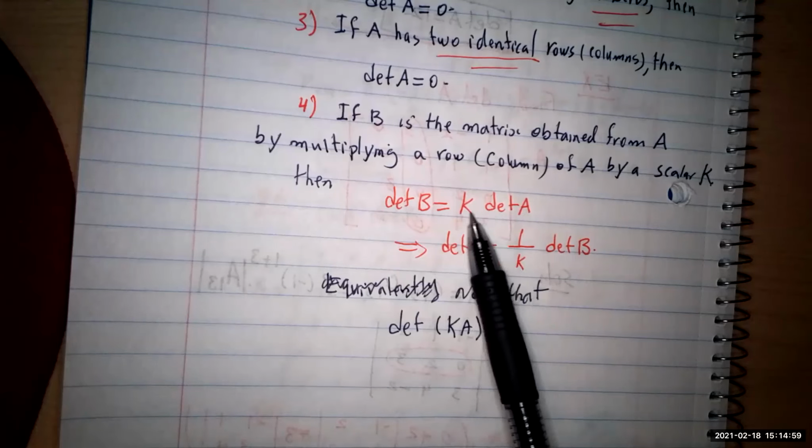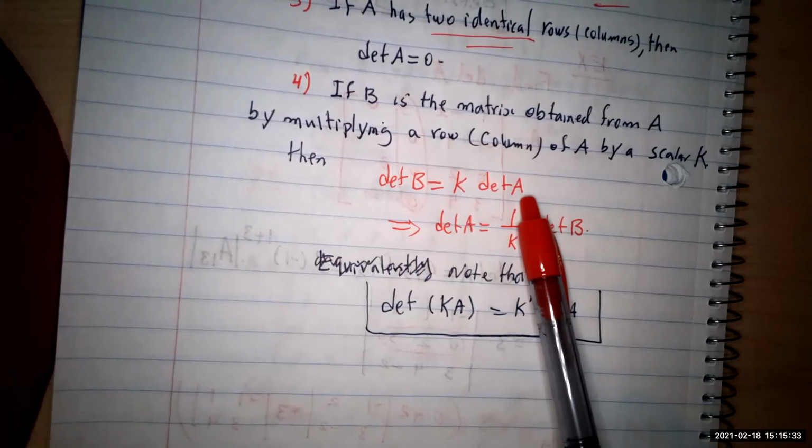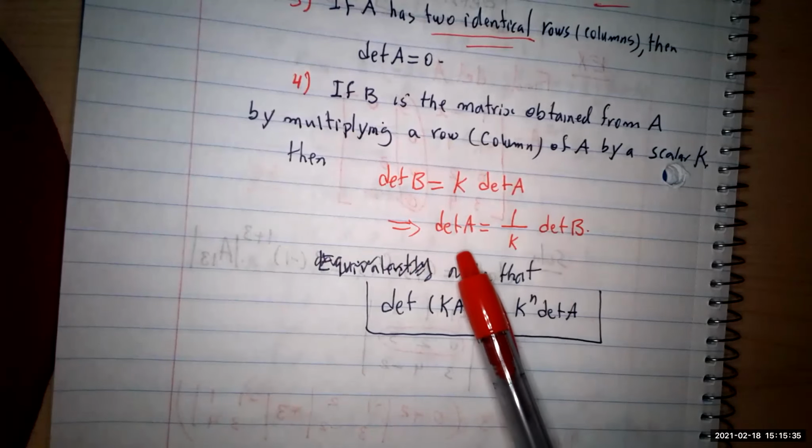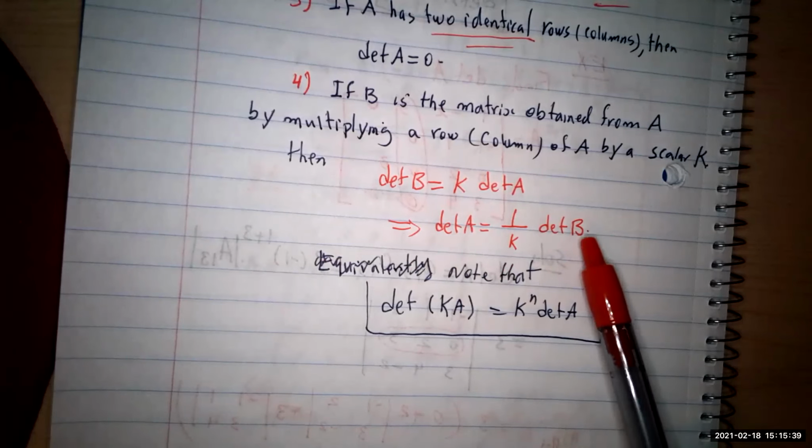So I repeat it again. If you only multiply one row or one column of a matrix by k, the determinant of the resulted matrix is going to be k times the original one, or the determinant of A would be 1 over k of the new one.